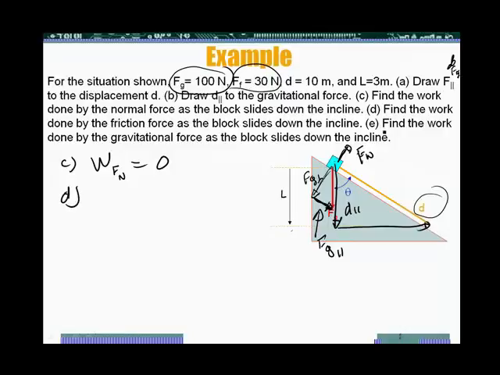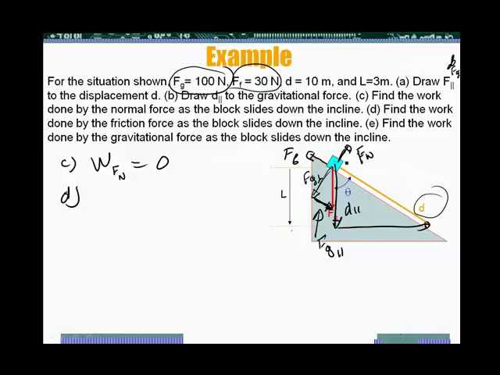Okay, let's go to the next question. Find the work done by the friction force as the block slides down the incline. Now the friction force is going to be parallel to the surface, since it is sliding friction, since my object is moving, so it must be sliding friction. That's the direction of my friction force, parallel to the incline but opposite to the displacement.